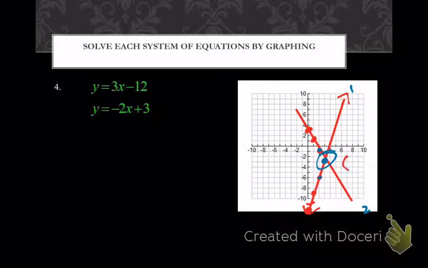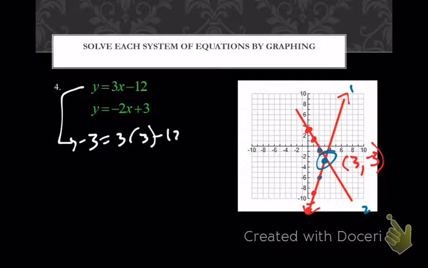So that point is 3 comma negative 3. Now, I'm only going to accept that as long as it's truly the solution. So I want to come over here and plug that into both equations and make sure that works. So for this first guy, negative 3 for y and 3 for x means that negative 3 equals 9 minus 12, or negative 3 equals negative 3, and that works.